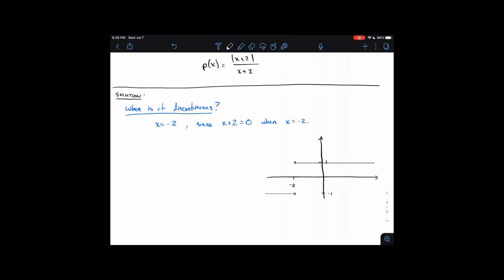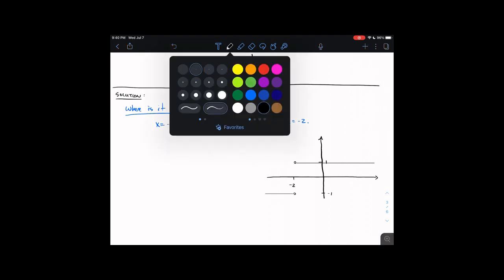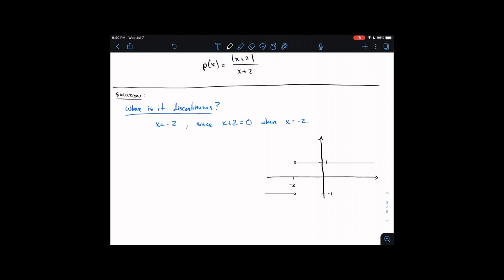When we think about it, let's say when x is less than -2, this is also how we do the limit. Let's make a table, an x, p of x table.